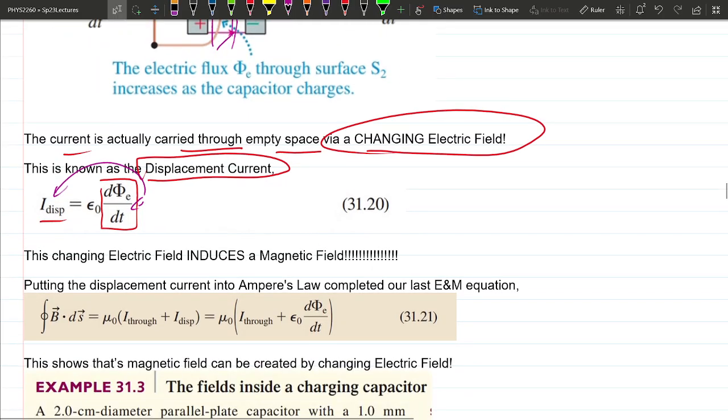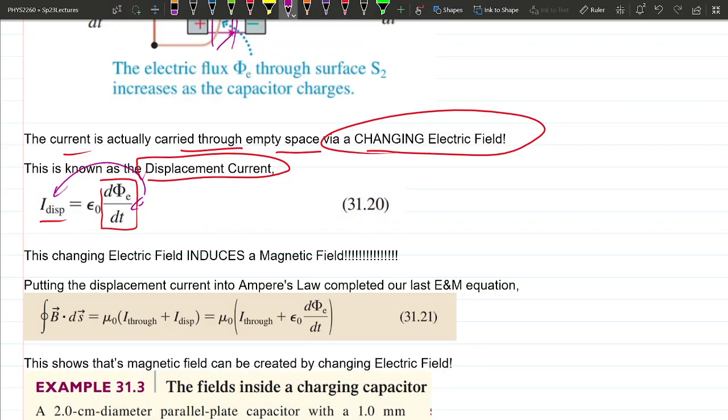And this constant here, epsilon naught, is just so you can convert the units correctly. Because right here you have the units for electric field times an area divided by time, and on the left-hand side you have the units for charge per second. That's what a current is. And epsilon naught allows you to convert the two units, so they are going to be the same.